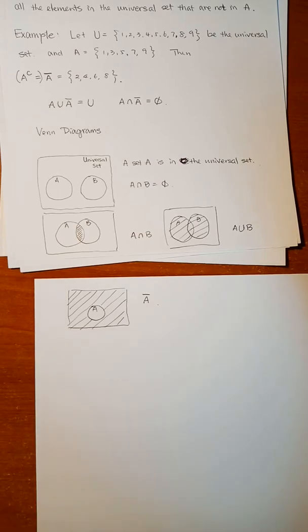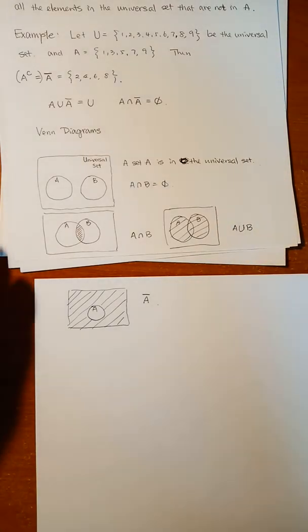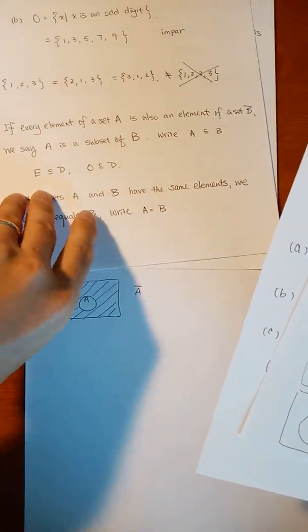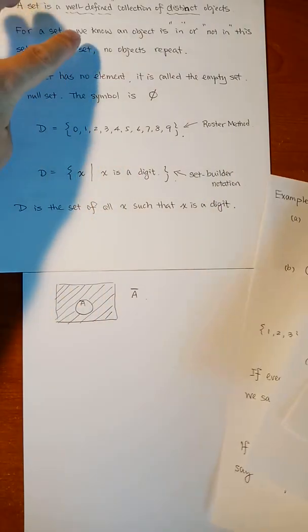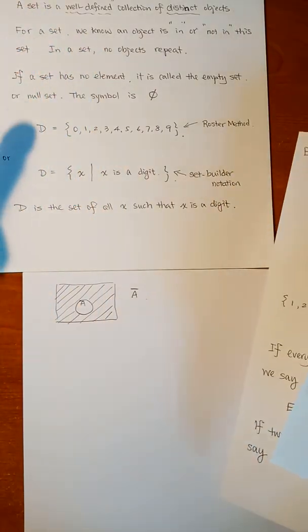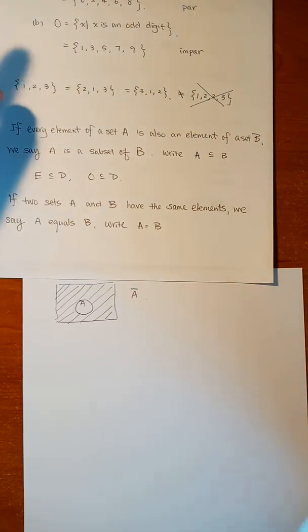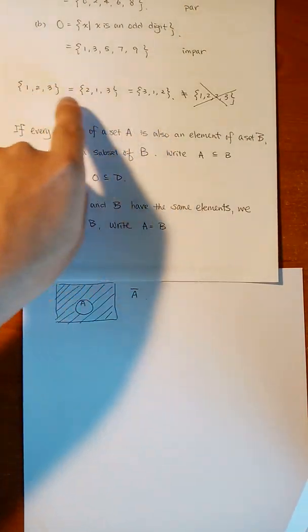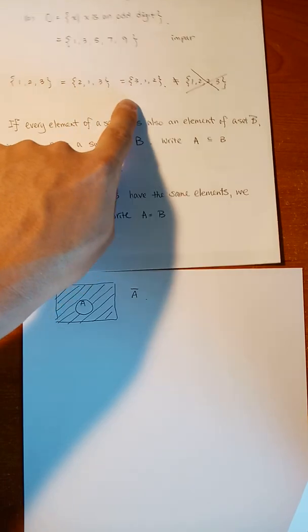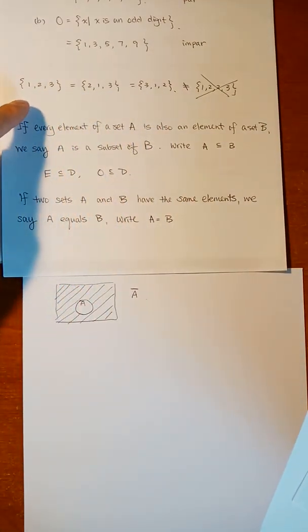Okay. So that's the first subsection of the section review part 1. In this part, we discussed the set, a well-defined collection of distinct objects. We have examples, and we have more examples. We emphasize that in a set, the order of objects is not important.